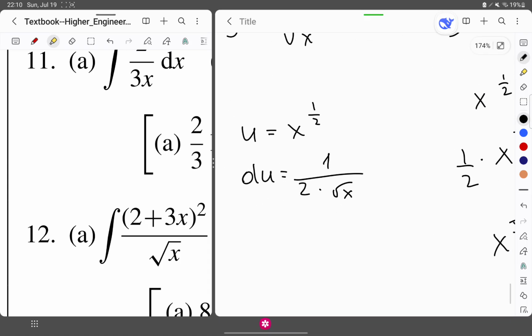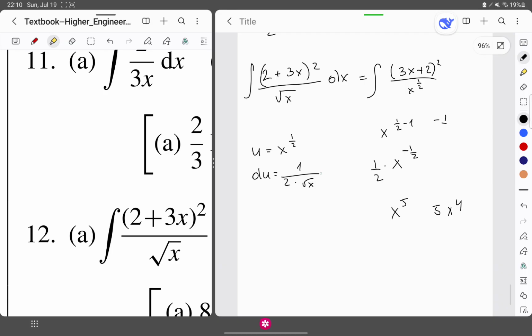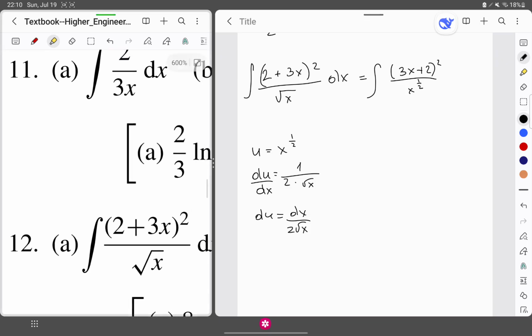And what about du over dx? Dx over 2 times square root of x. I hope it is right.